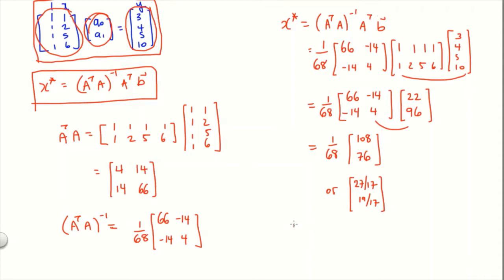And our line had the form y equals A0 plus A1x. So the line that we're looking for is y equals 27 over 17 plus 19 over 17 times x. That is our least squares approximating line for those 4 given points.